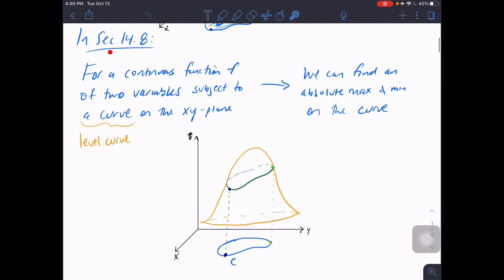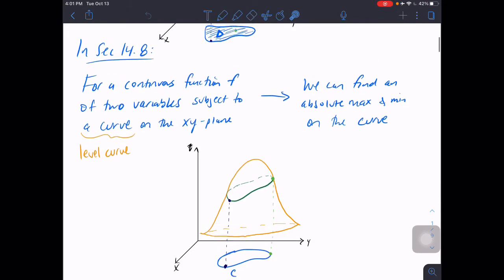So for section 14.8, we are still going to consider a continuous function f of two variables, but now it's going to be subject to a curve on the xy plane. And what I mean by subject to is that we're only going to be looking at points that lie on that curve. Okay, so we're not thinking of it as a region, a 2D region that we're restricting ourselves to. We're just restricting ourselves to a possible curve.